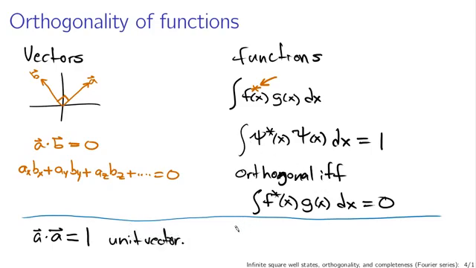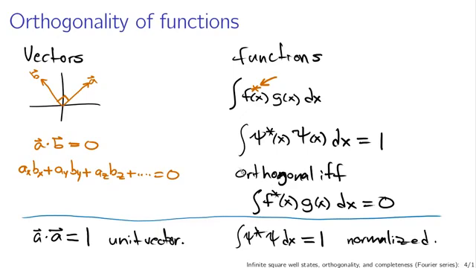And in the case of functions like this, if, for instance, the integral of psi star psi dx is equal to 1, then we say psi is normalized. So both of these concepts, dot products and unit vectors, dot products and normalized functions, or inner products of functions, you may hear that term as well, can be generalized.